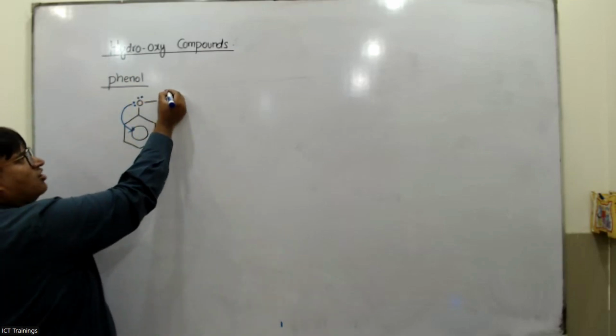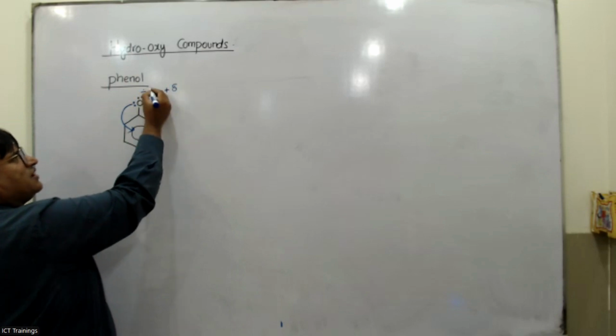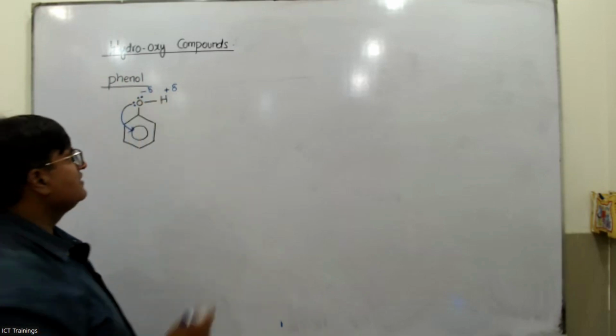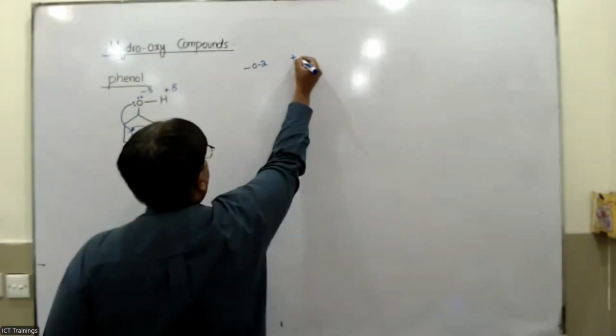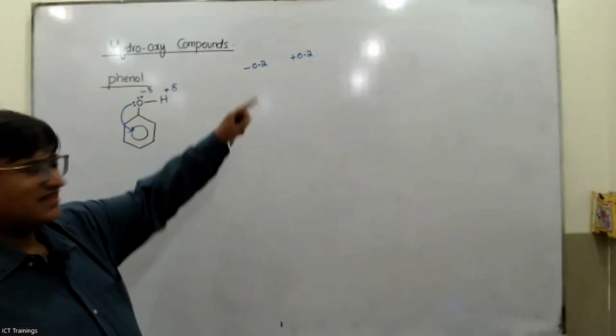So this bond is already polar. This is partial positive and this one is partial negative. This is already polar. What does it mean? This polarity means, let's suppose firstly the polarity is negative 0.2 and positive 0.2. Let's suppose. Okay, it's like that.